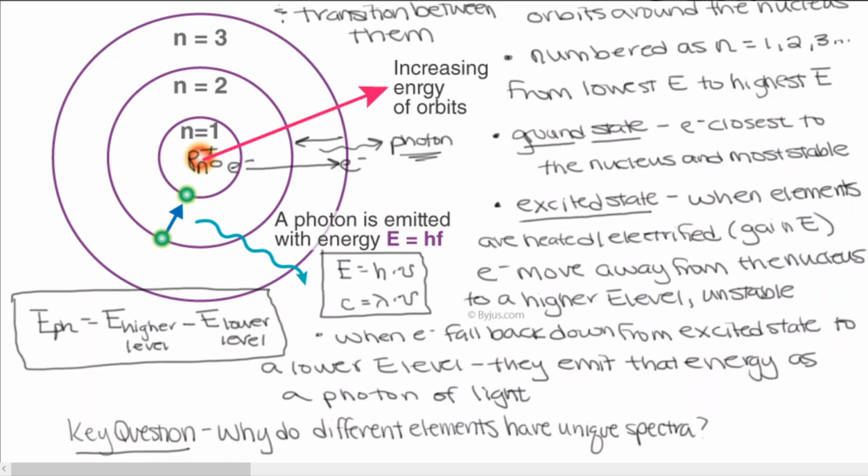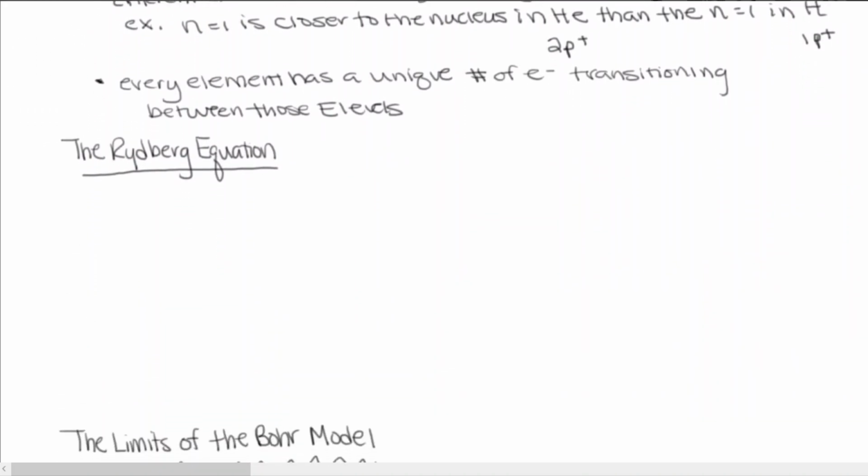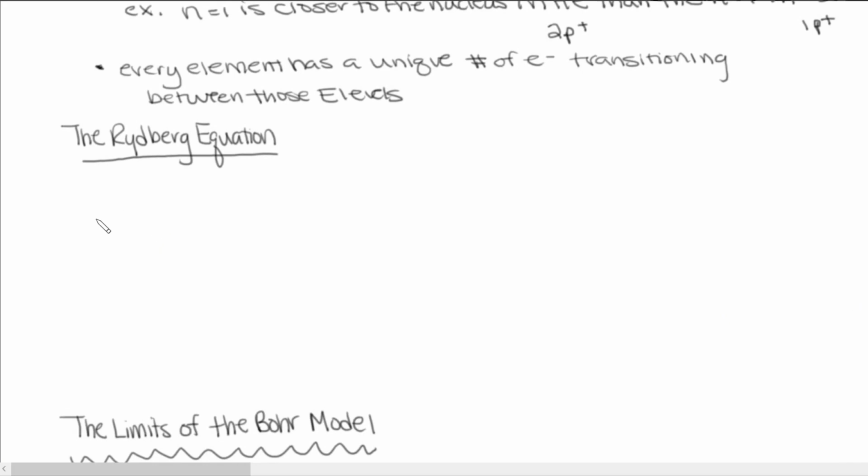And there's one more way, and it's kind of a scary equation, but it's really not that bad, called the Rydberg equation. And the Rydberg equation looks like this. 1 over lambda, so this is going to allow us to calculate the wavelength of light, is equal to the Rydberg constant times 1 over the number of the lower energy level squared minus 1 over the number of the higher energy level squared.